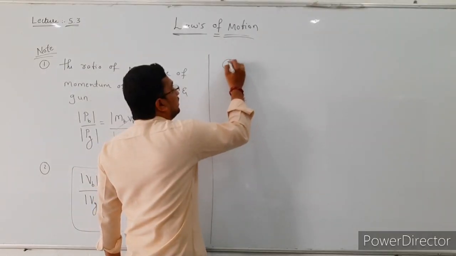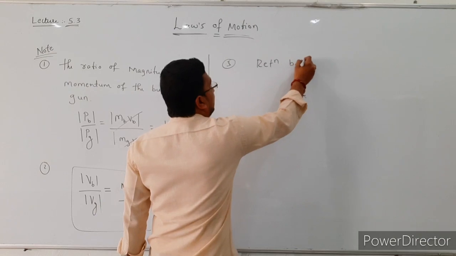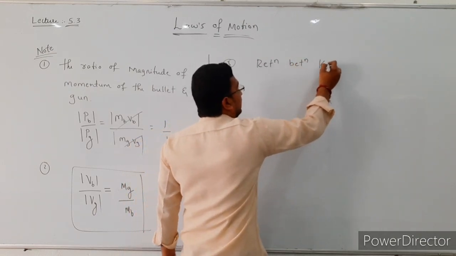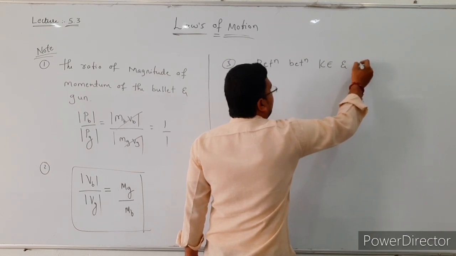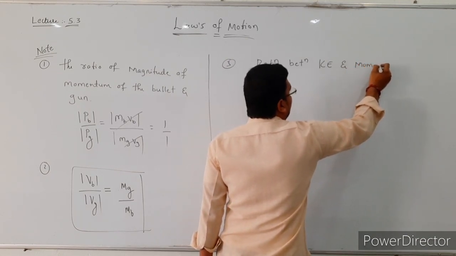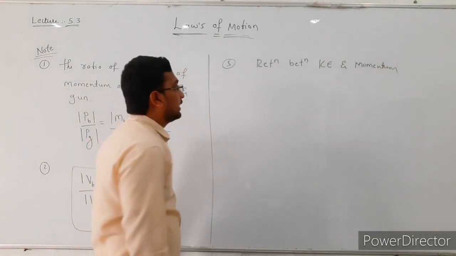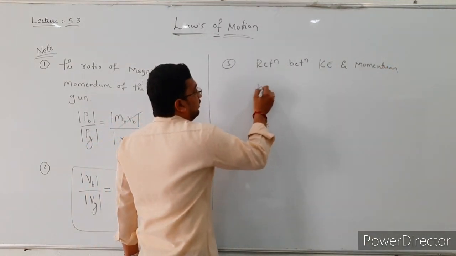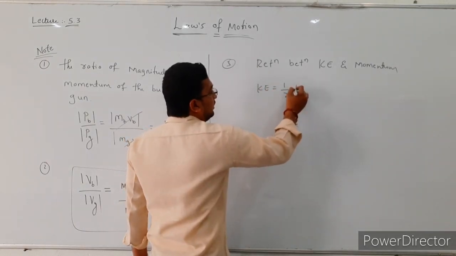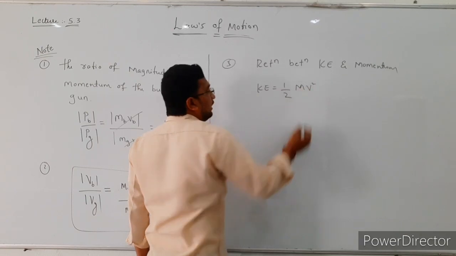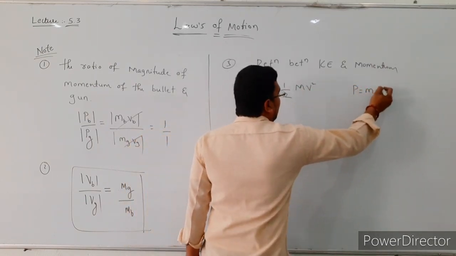Next one, the relation between kinetic energy and momentum. See here, we already know the formula to calculate the kinetic energy: kinetic energy equals 1/2 m v square, and the momentum formula is the product of mass into velocity.